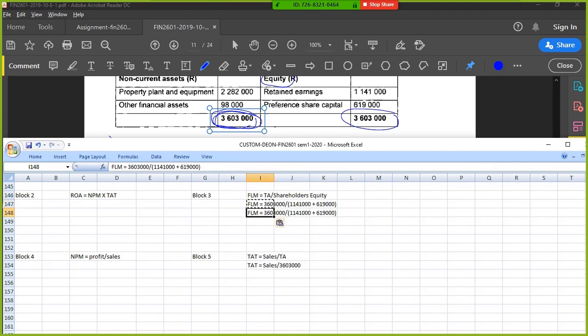I've got enough information. There's the answer. Total assets divided by the shareholder equity, which is the retained earnings plus the preference share capital. Happy with that first one? Yes, happy.